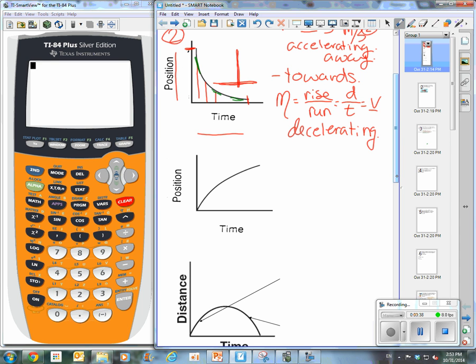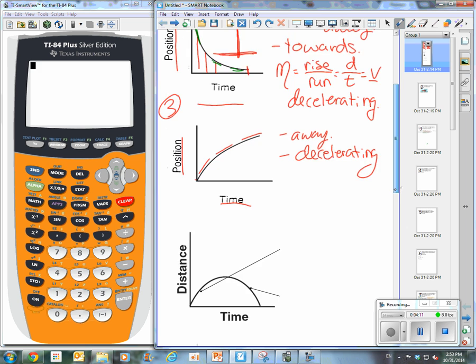The velocity starts out really fast heading towards me, and then it's slowing down as it comes towards me. This third graph here, again, is position time. It starts out really close to the reference point, so it is moving away from the reference point. And if I look at the slope along this line, I notice that it starts out steeper and grows more shallow, so we know that this is decelerating. Quite a different look versus the second graph, where they're still decelerating. The question is, though, are they moving closer to me or farther away?